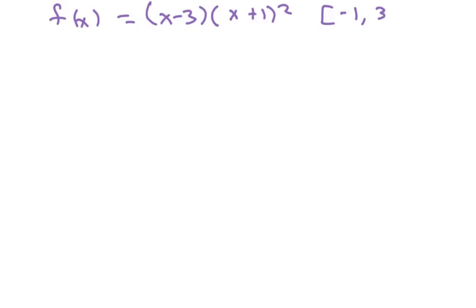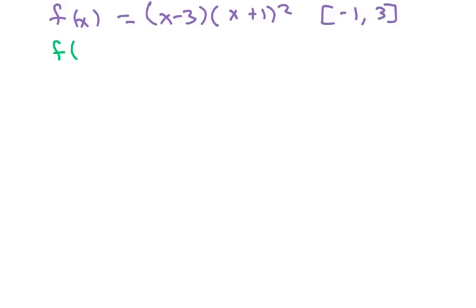Okay, the second one we're going to do is f of x equals x minus 3 times x plus 1 squared, and our closed interval is negative 1 comma 3. This is a polynomial.